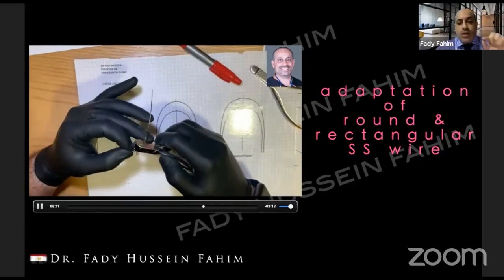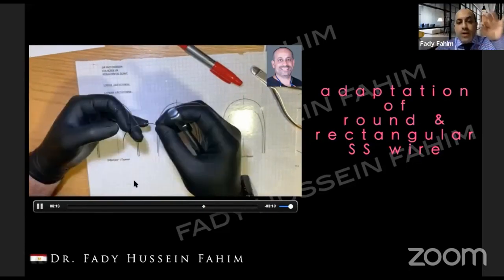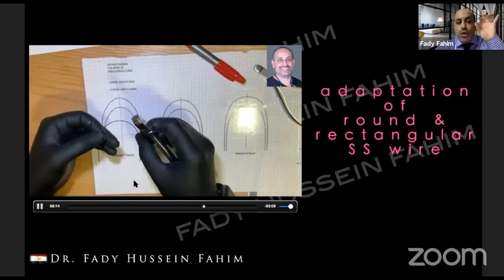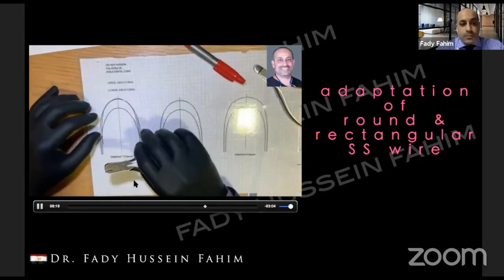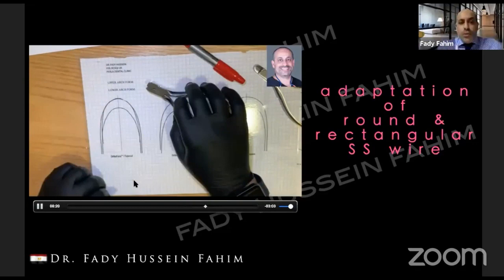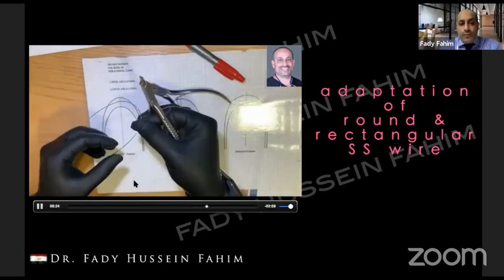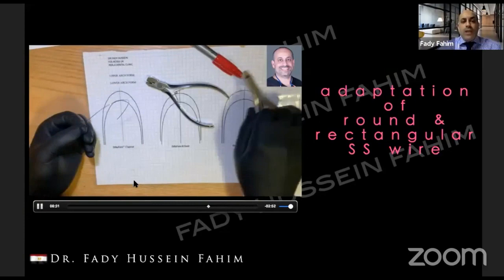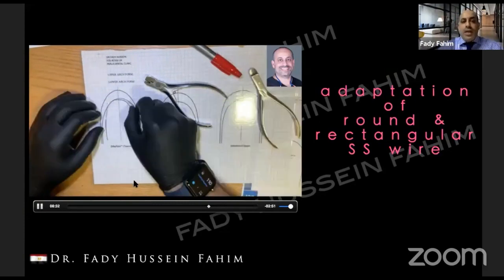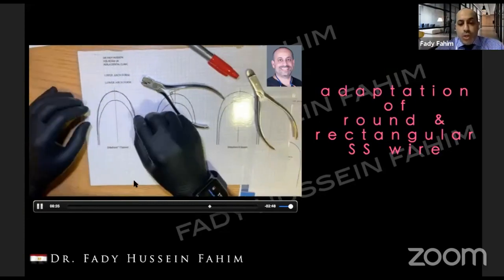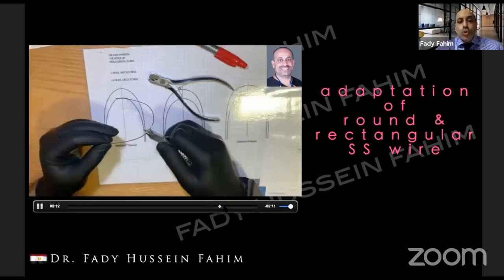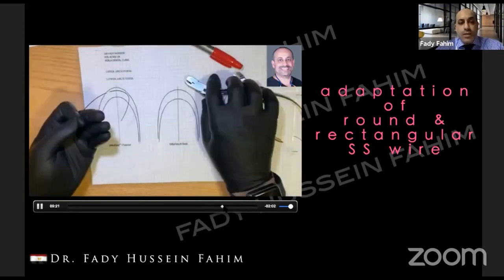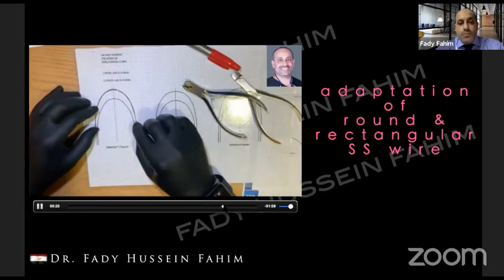So I have to take care that the wire is inside the slot in the groove in your Della Rosa plier. The Della Rosa will help you to do the anterior curve, from the canine to the canine. And then the Tweed plier will help you to adjust the area distal to the canine tooth. Also, you can use the Della Rosa to contour the sides of the wire. I like it also.